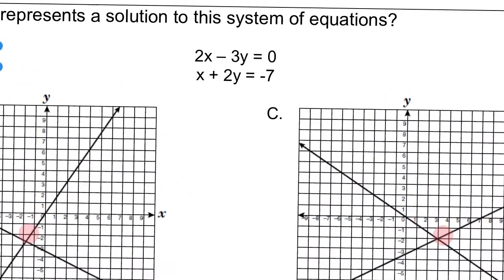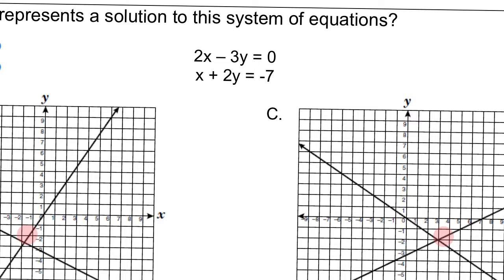I'd like to use elimination because I see this has a coefficient of 1 and this has a coefficient of 2. So if I multiply this equation times -2, I'll be able to eliminate the x.